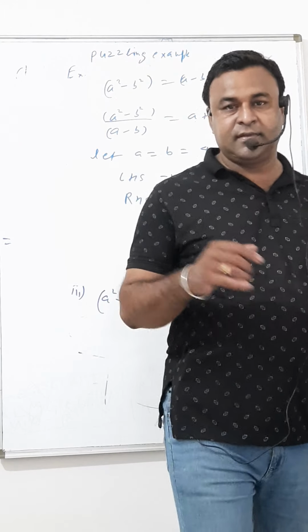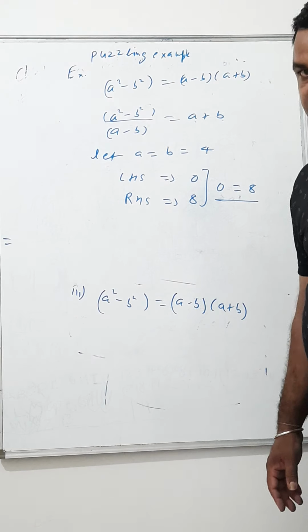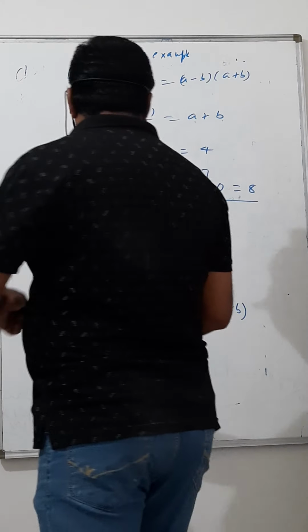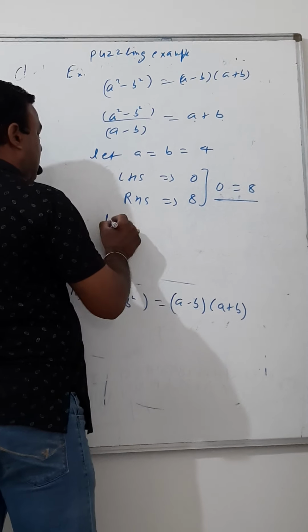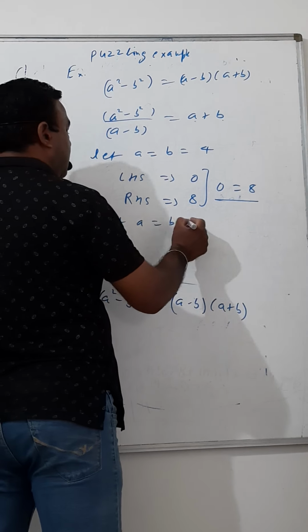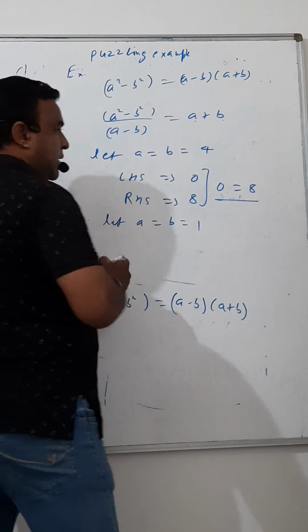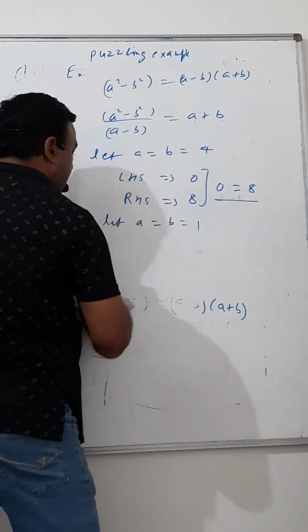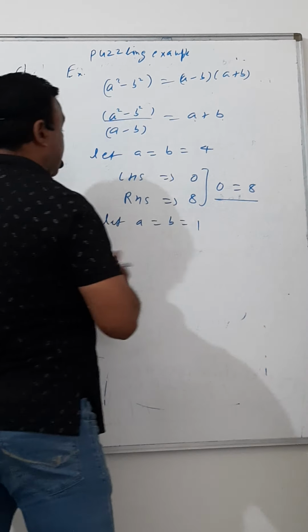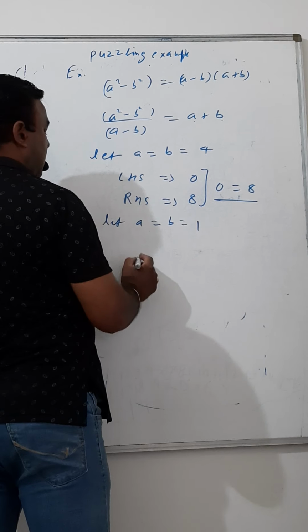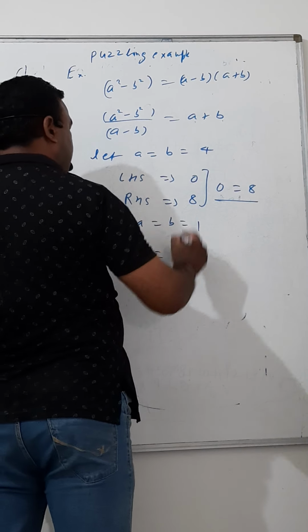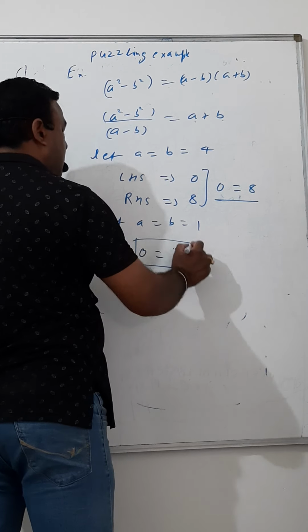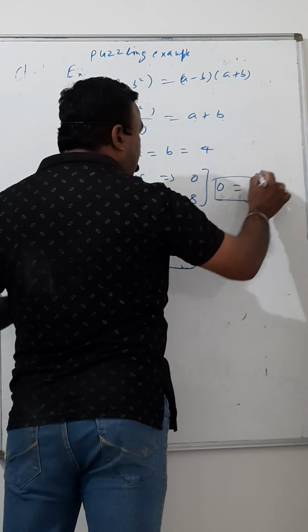Interesting? But it is wrong. Okay, let's take another value. Let a is equal to b is equal to 1. If someone says, okay, I want to take 1, okay, you take 1. 1 square minus 1 square is 0. 1 plus 1, 2. Again, which is wrong.